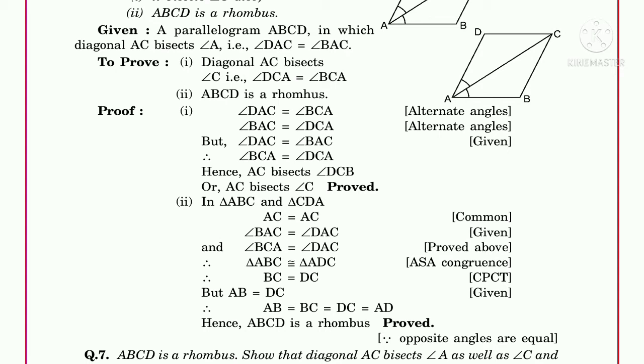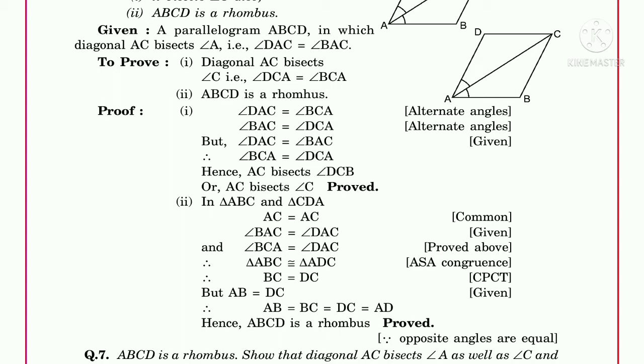two triangles we consider, ABC and CDA. In these two triangles, AC is common to both, as you see in the diagram, and already we know angle BAC equal to DAC, which is given to us at the start. Already we proved in equation number 1 BCA equal to DAC, so this is already proved.